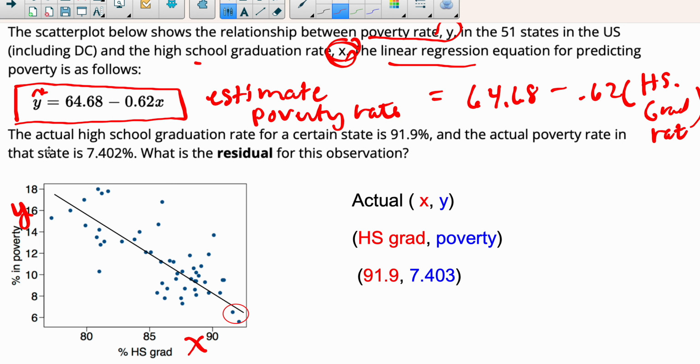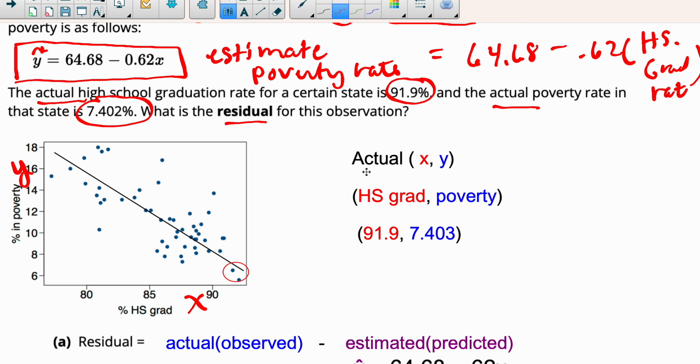All right, it tells me the actual high school graduation rate is 91.9%. The actual poverty rate is 7.402%. What is the residual? Well, let's first write this as an ordered pair, to connect all the different ways we can write it.